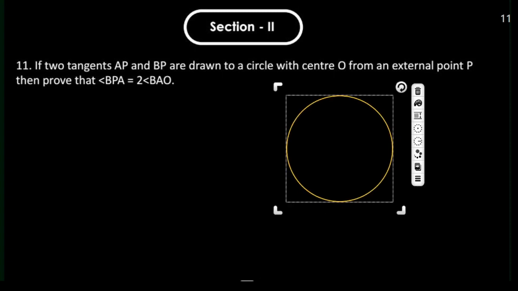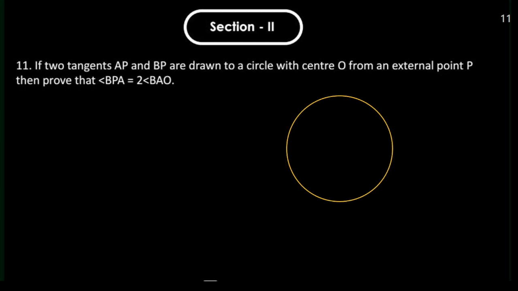Okay, so this is a circle with center O. Now they have drawn two tangents, and these two tangents are intersecting at a point P. Let's just say from this point, one tangent here. So these are the two tangents drawn to the circle. Okay, this is the circle's center O, and this is A and this is B, and these two are intersecting at a point P.